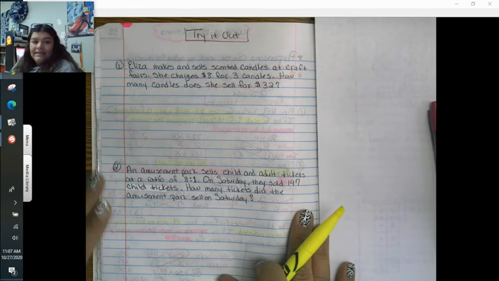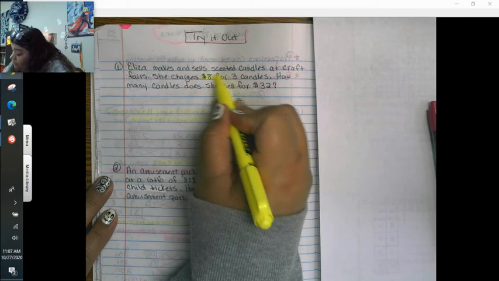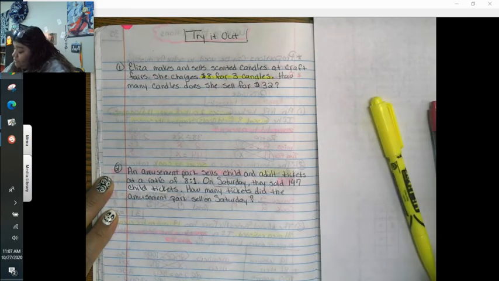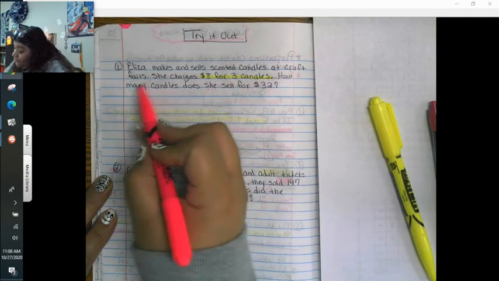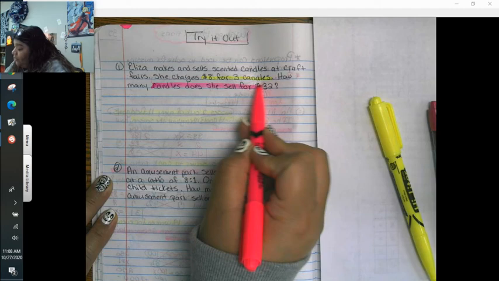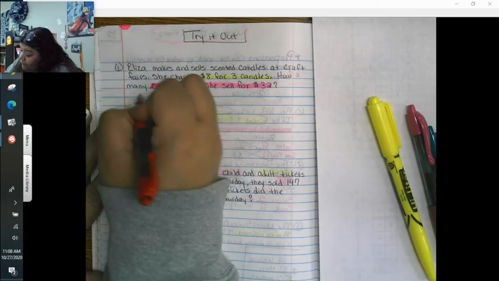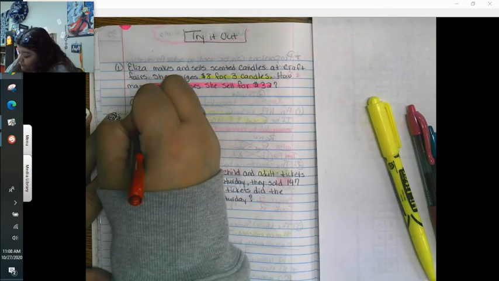All right, let's see. Eliza makes and sells scented candles at craft fairs. She charges $8 for 3 candles. How many candles does she sell for $32? Okay, so I see that they pretty much do line up. We have dollars, how much she sells per candle.